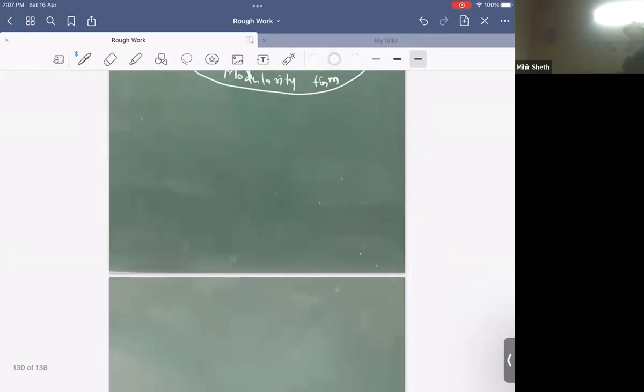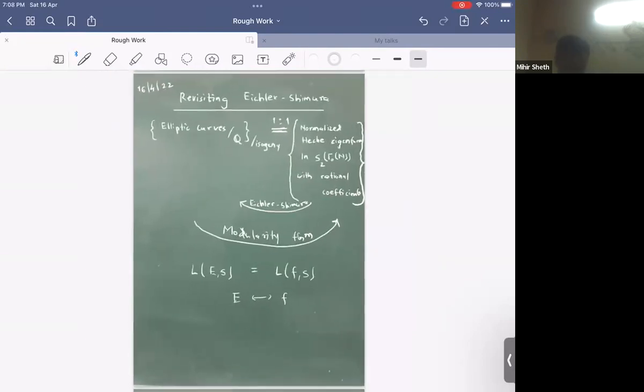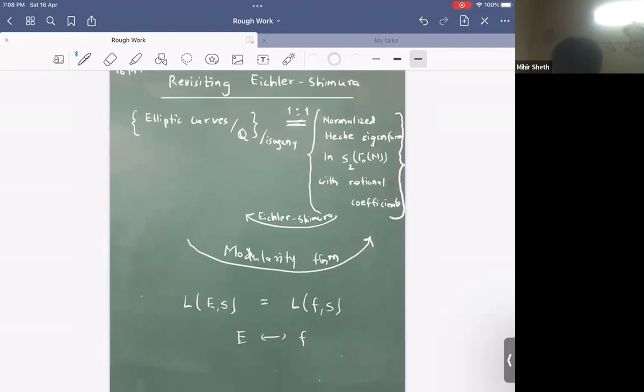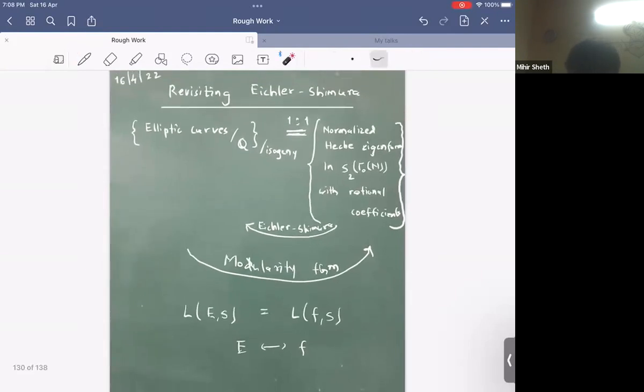So this correspondence satisfies that L of E is the same as L of F if E corresponds to F. Okay, and this is the main content of the modularity. This part I explained briefly in the previous talk, and I will give perhaps more idea today.